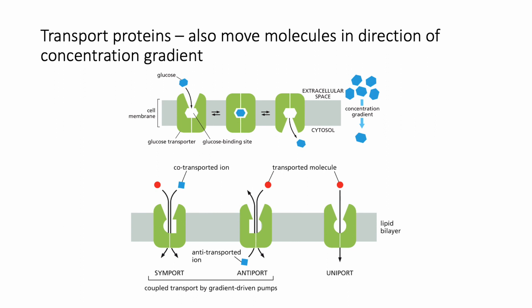But there are examples of symports which would move, let's say, the red according to the concentration gradient from high to low, and in doing so would move the blue from low to high. That is, the high would be on the inside of the cell. So the binding of the two together, the passage of the red allows the passage of the blue, even though the blue is against the concentration gradient.